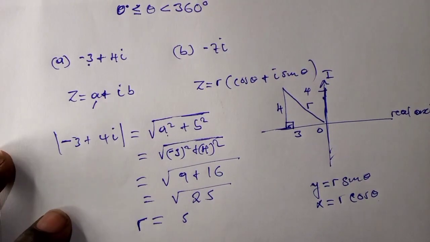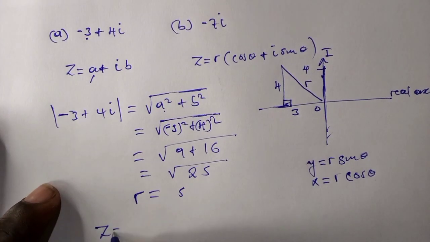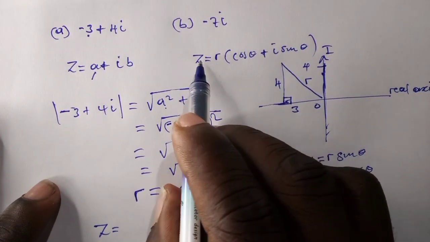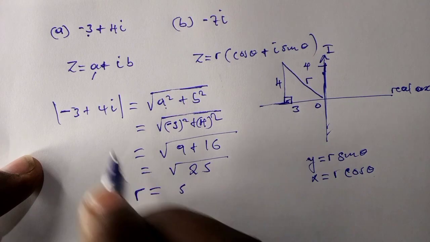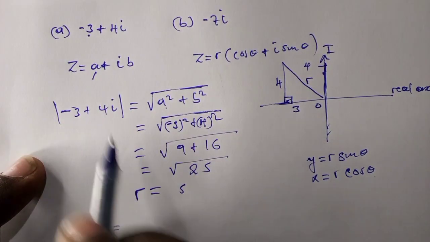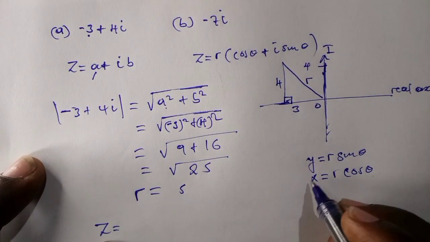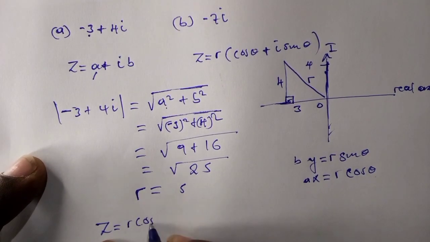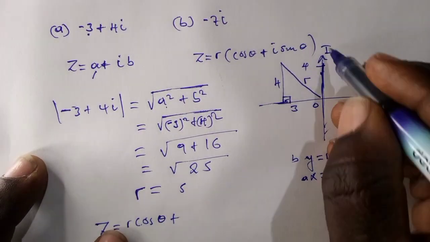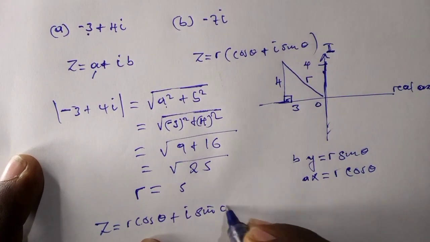Then we are going to use this formula, z equals, where the standard equation for a complex number is a plus ib. So where there is a, it is r cos theta, then plus the imaginary part, so you write i sin theta.